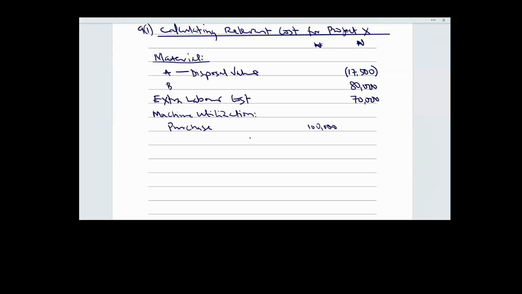Then the disposal value: when the contract is completed, it will be disposed of at 52,500 naira. So the net purchase price is 47,500. That's all. Let's move on.